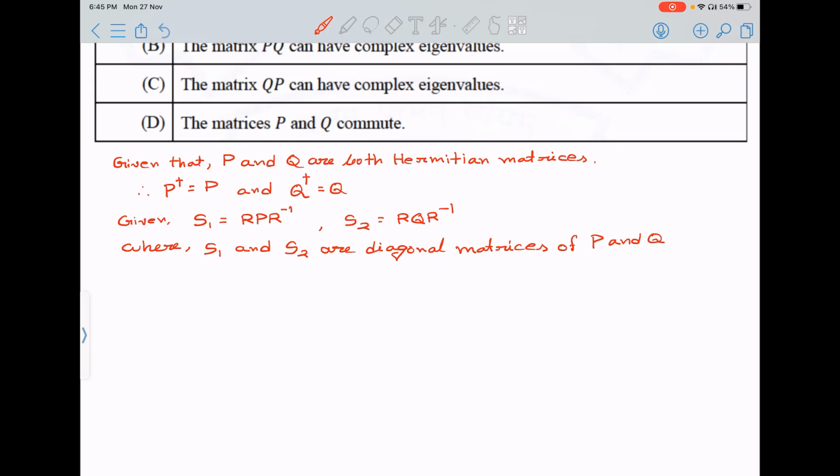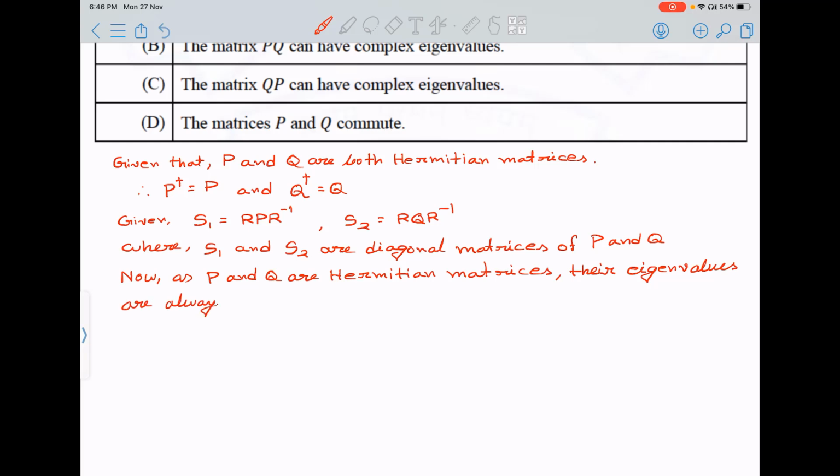Now, as P and Q are Hermitian matrices, their eigenvalues are always real, and hence the diagonal matrices will also have real elements.